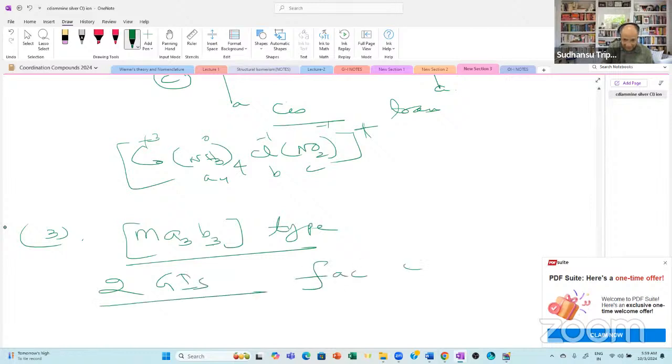FAC and MER. FAC stands for facial. The facial that we do. The girls, they prefer to make facial for having their makeup. And sometimes we boys also do facial.